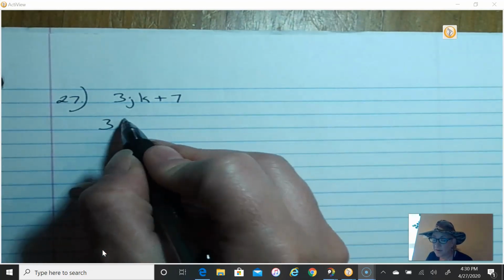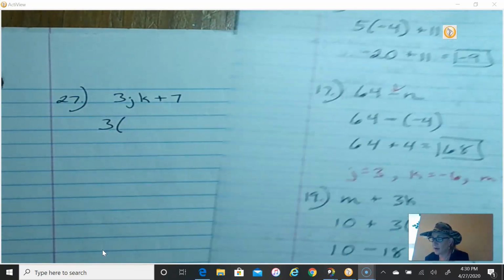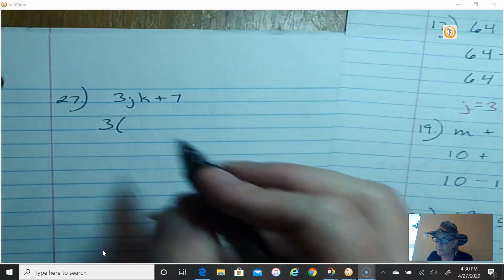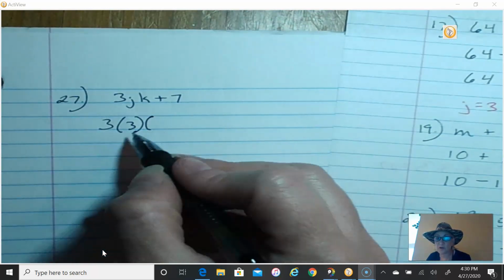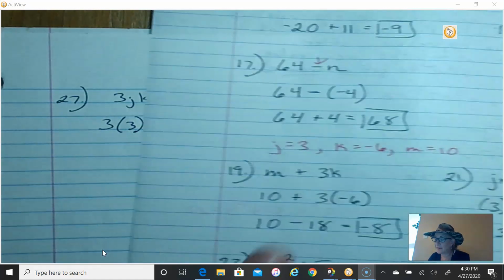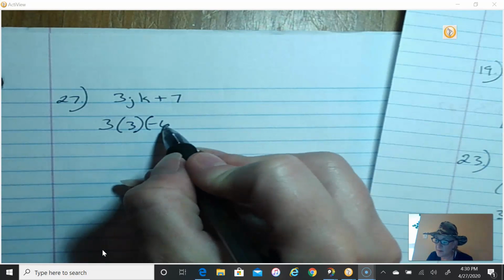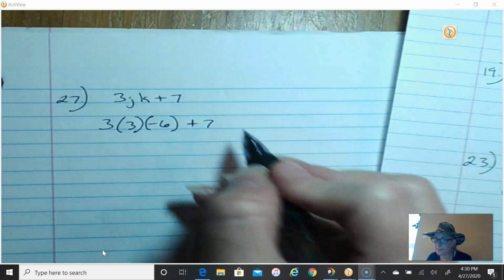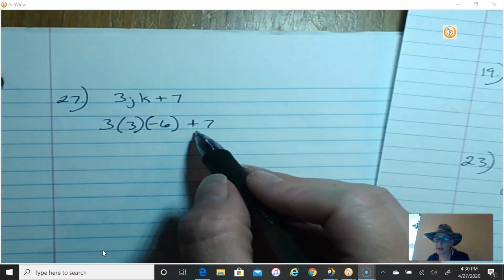So I'm going to do parentheses 3 times in j, and j in the directions was 3. And still doing parentheses because we want to make sure we multiply. K is negative 6. And then plus 7.